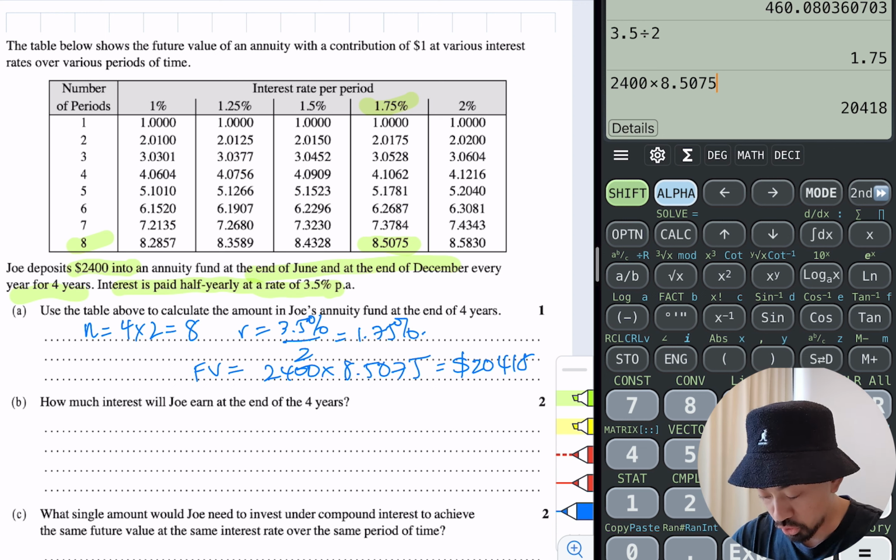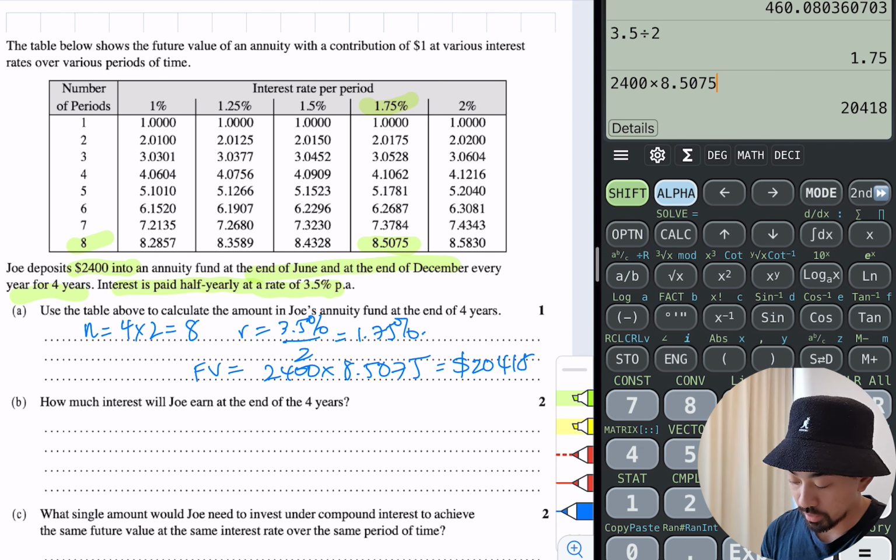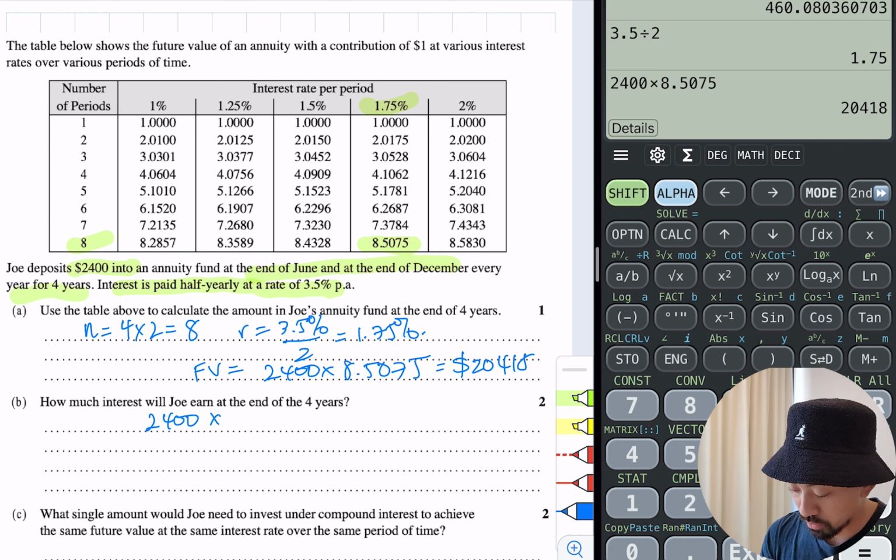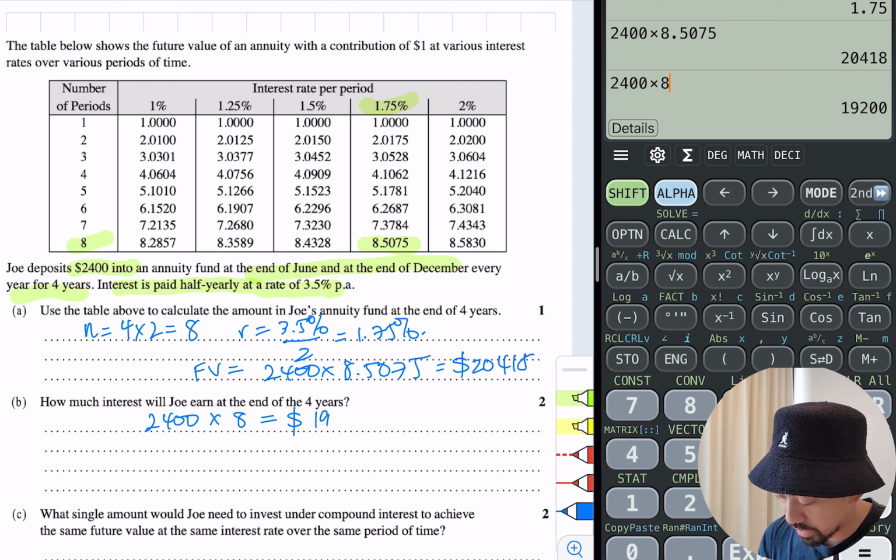Okay, so how much interest will Joe earn at the end of 4 years? Well, just think, how much has he put in? He's put in $2,400 every 6 months for 4 years. So he's put in 2,400 times 8. So he's only put in 19,200.